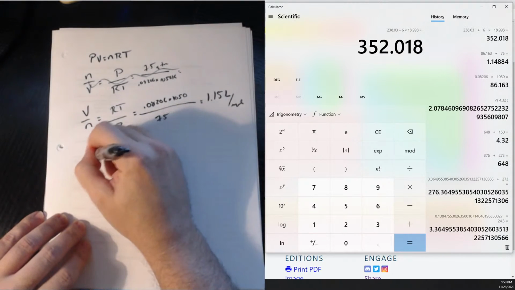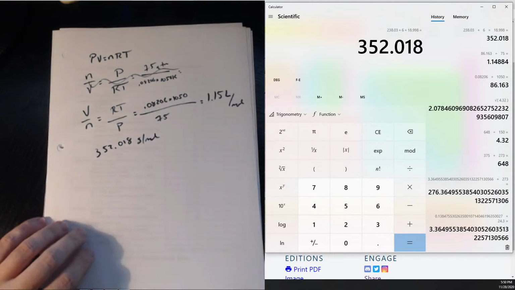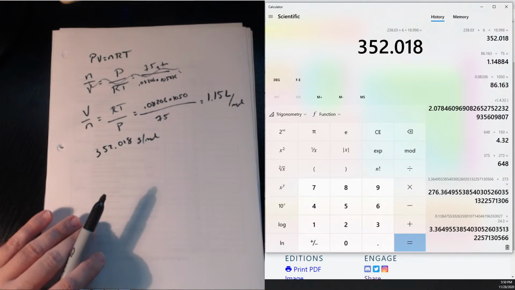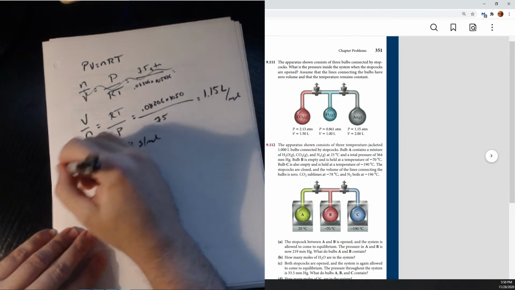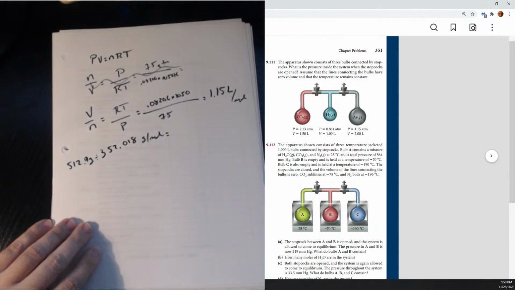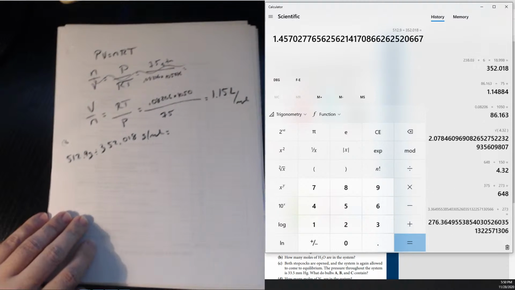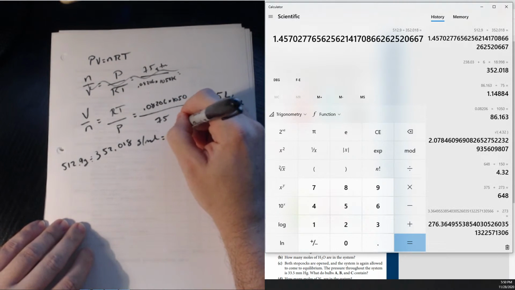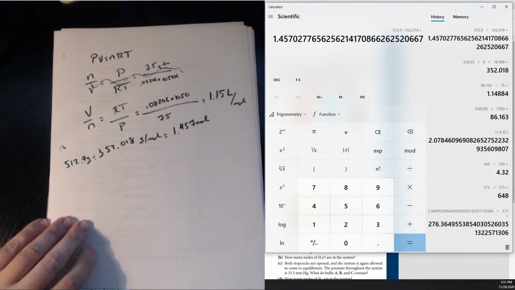Molar mass is 352.018 grams per mole for our uranium hexafluoride. So we have 512.9 grams, which is 1.457 moles. So now we plug that into PV = nRT.